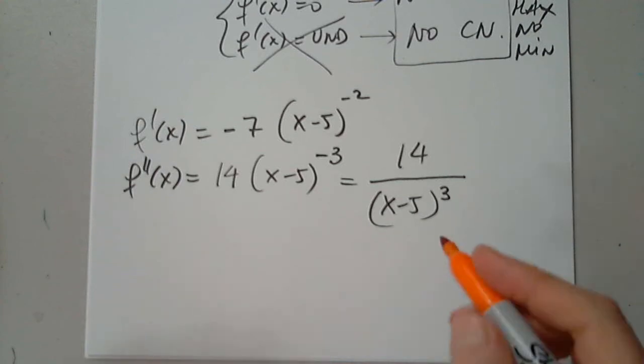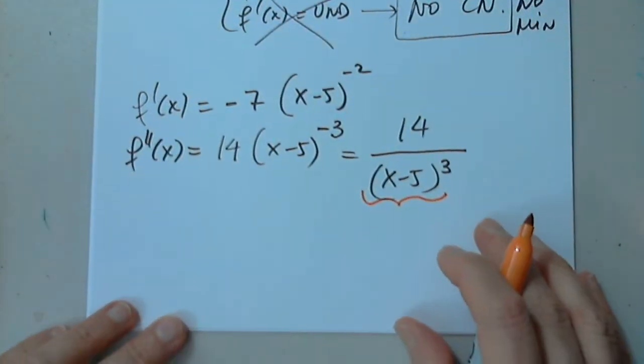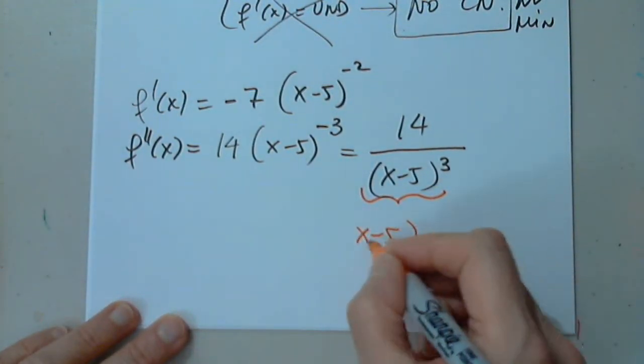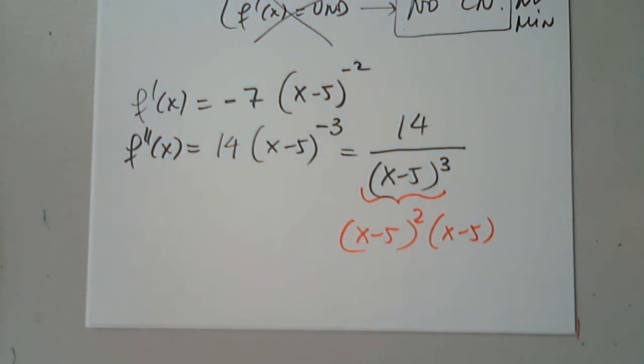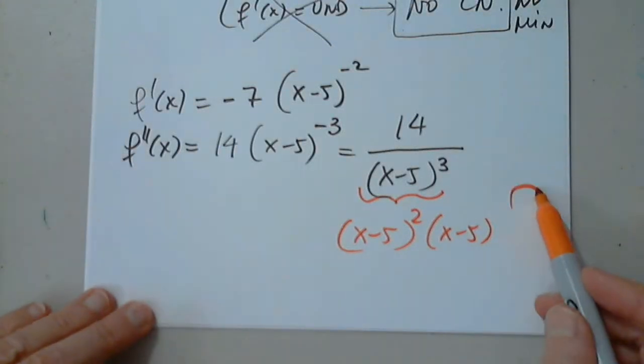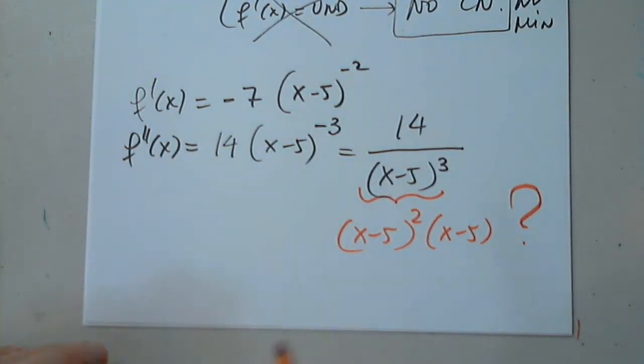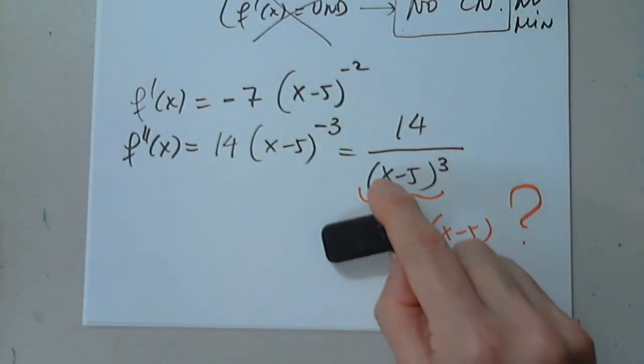Imagine that you rewrite this as (x minus 5) squared times (x minus 5). Just imagine that. And you can ask, why would I do this? And then I will ask you, what is the sign of this expression?